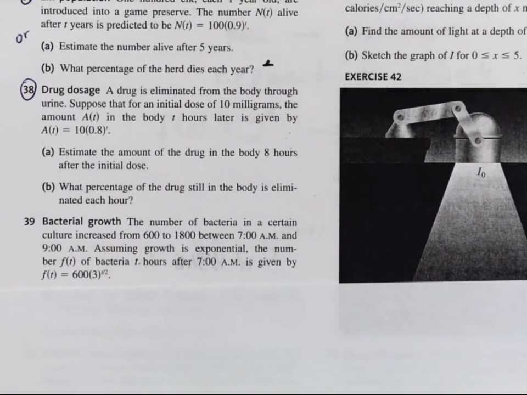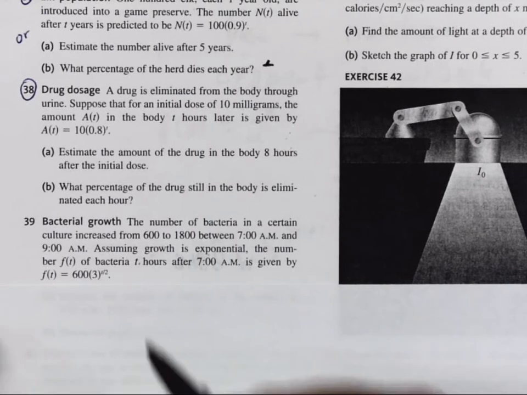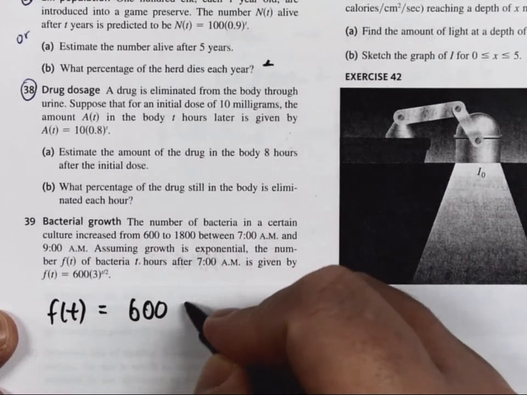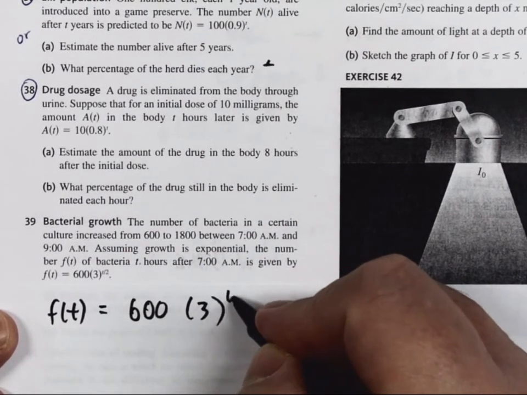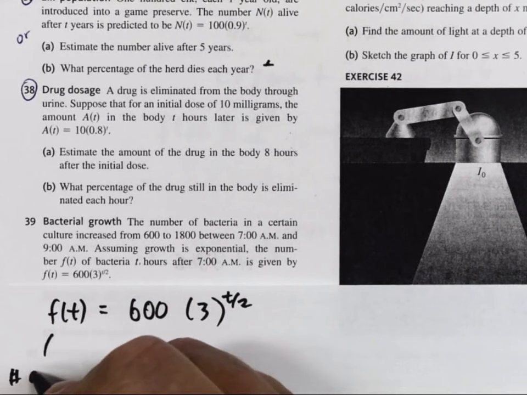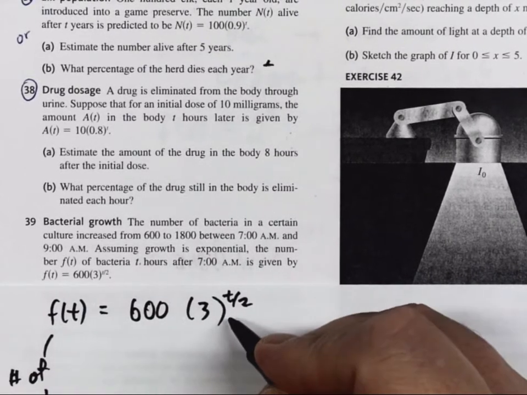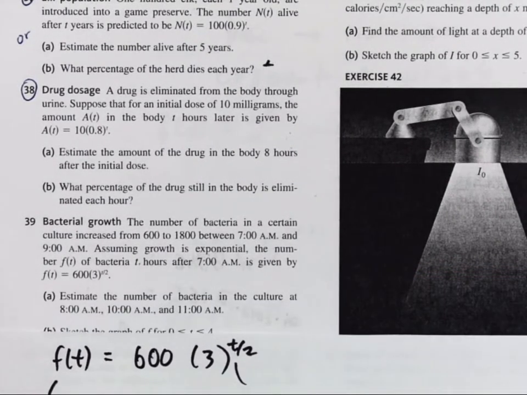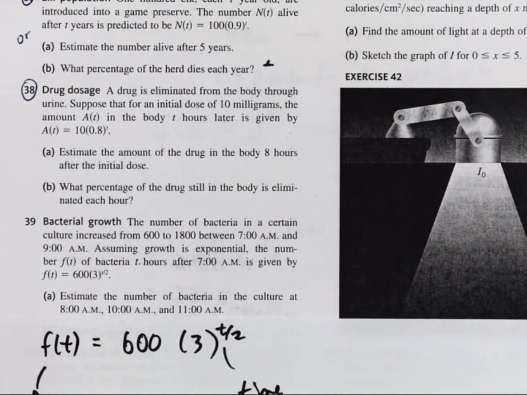Problem 39, bacterial growth. The number of bacteria in a certain culture increased from 600 to 800 between 7 a.m. and 9 a.m. Assuming growth is exponential, the number F of bacteria at time T is given by... So the key thing is all those words tell you this, where F is the number of bacteria and T is the time in hours.